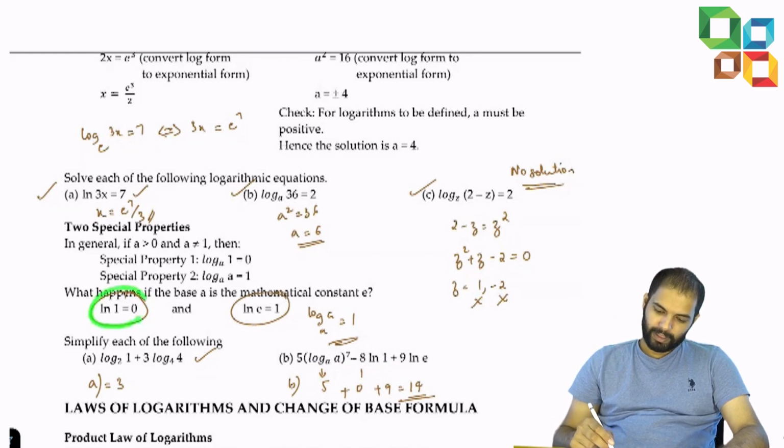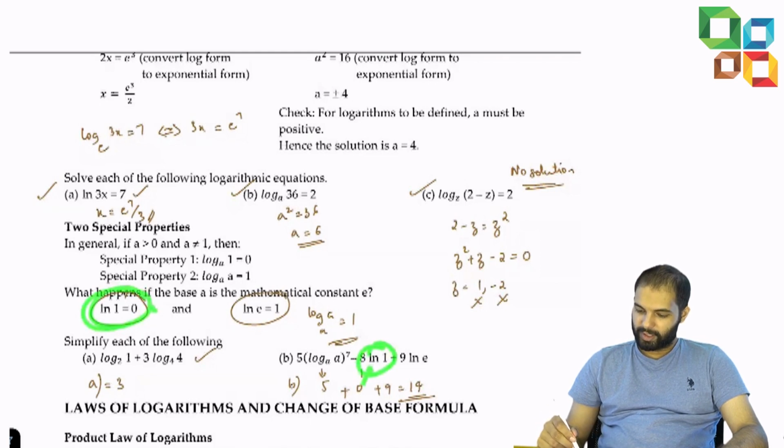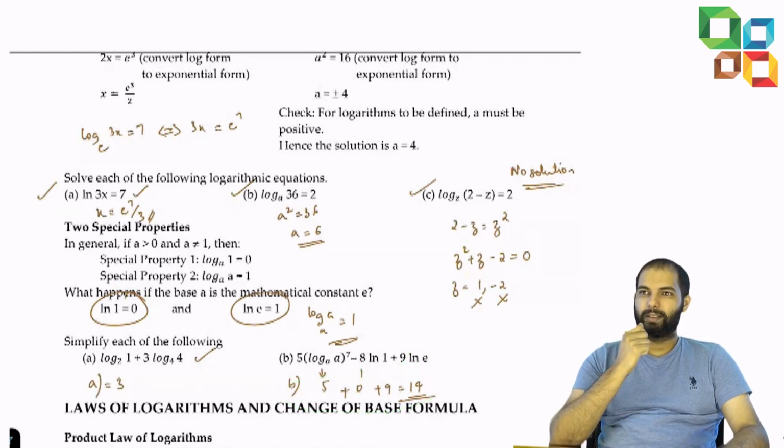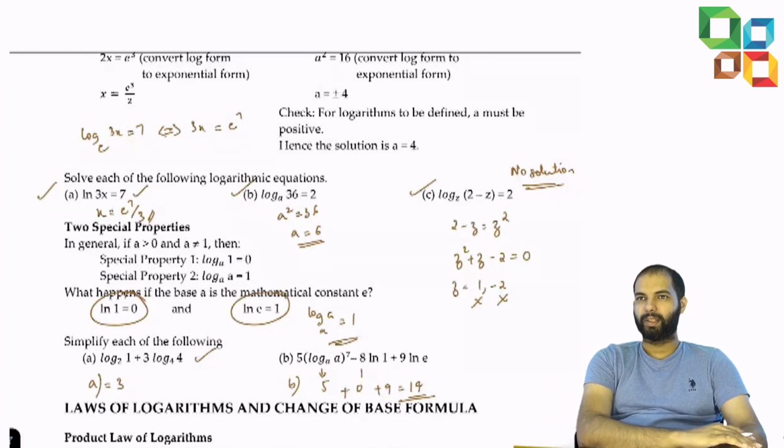I think we have discussed this: log 1 is 0. Whatever base I take, it doesn't matter, whether it's ln, log, or log 1 base 100, it is 0. So this is 0, and 0 into 8 is also 0. Again, ln e: whenever I take ln, the base is e. So e base e is 1. So everything is sorted here. Thank you, sir. Any other doubts? No.